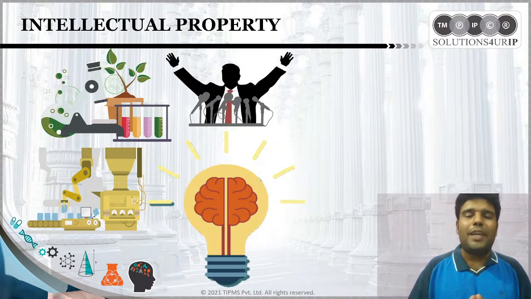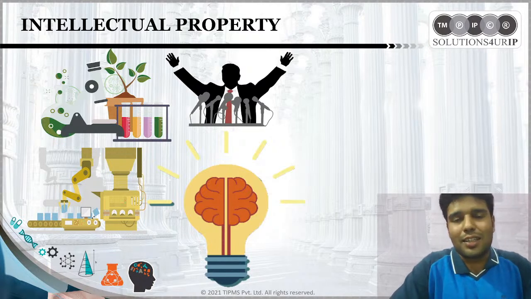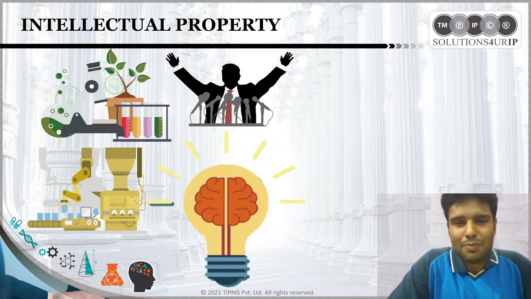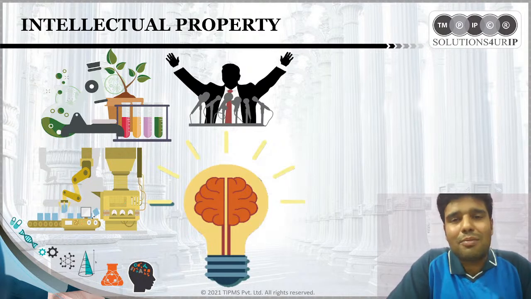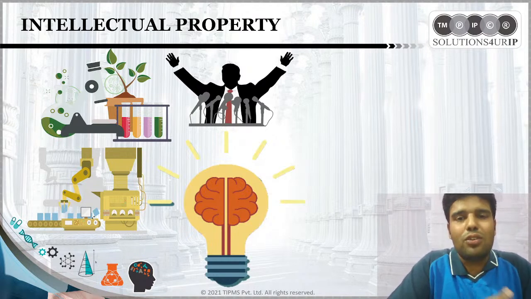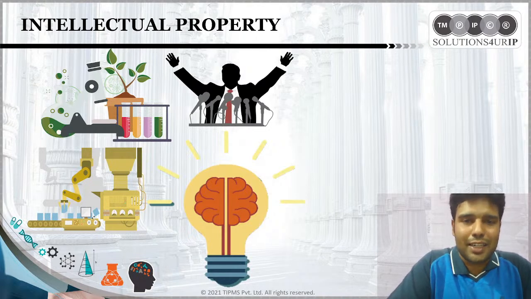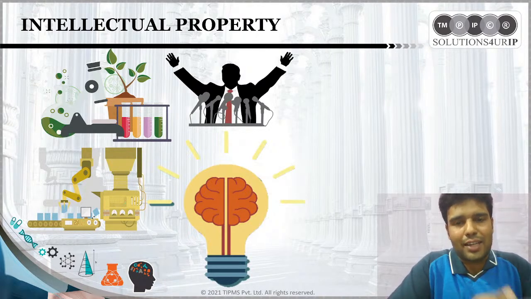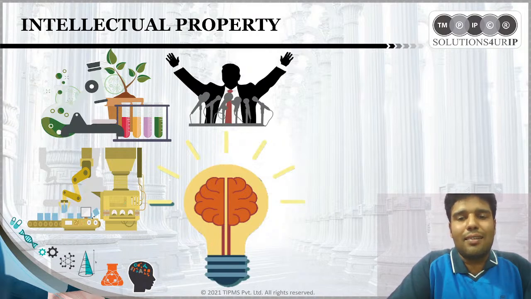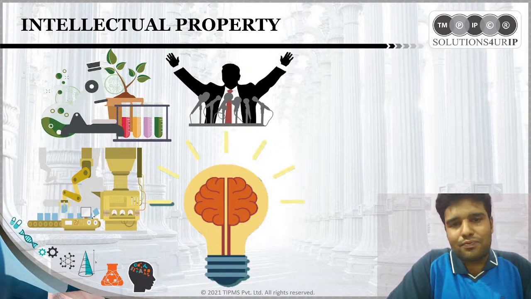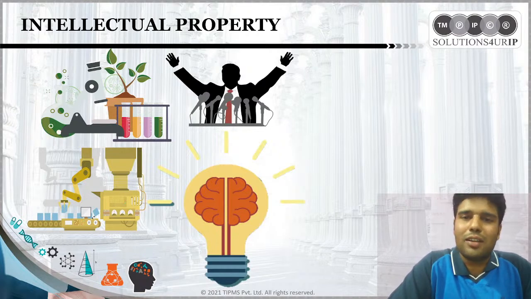YouTube or Instagram pays those content creators periodically, because he has contributed in developing YouTube. Therefore YouTube pays them. The more you run YouTube, the more you run Instagram in your mobile, the more it generates business for itself, and that's how they recognize the content creators who create content in those particular platforms.